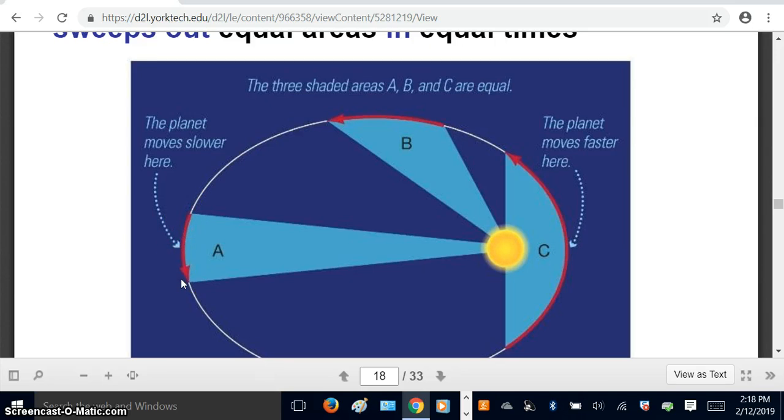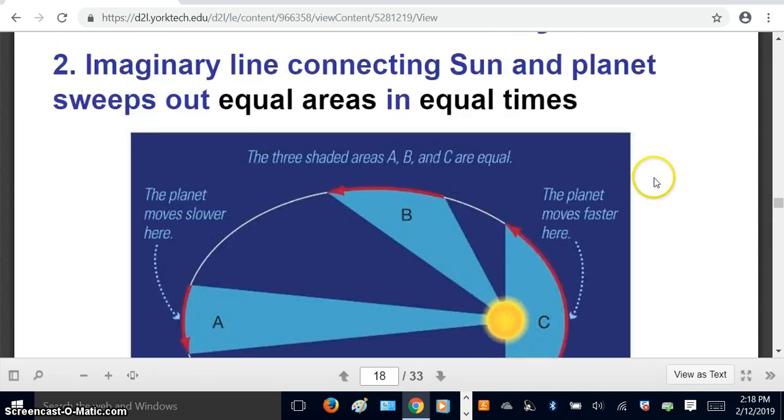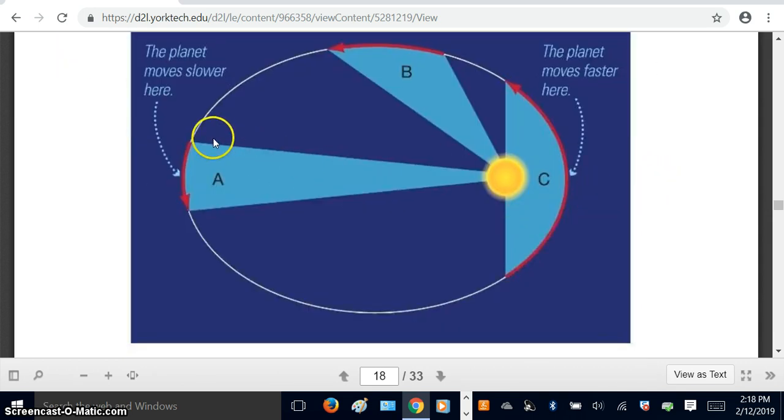A better way to say this, and it's true either way, is that because the planet is in an elliptical orbit, there are going to be times when the planet is further from the sun and closer to the sun, right? When the planet is furthest from the sun, it's moving slowest.